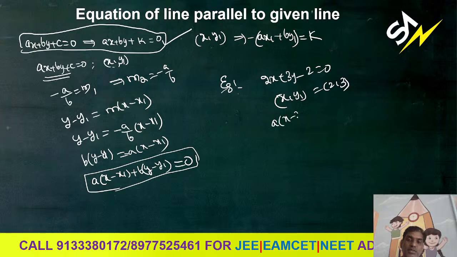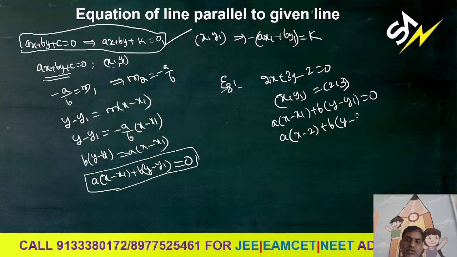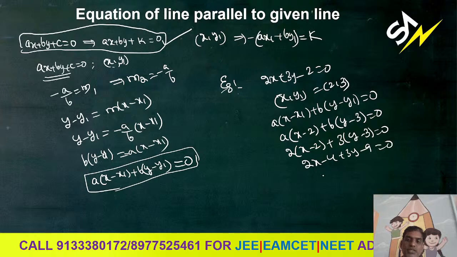The formula is a times x minus x1 plus b times y minus y1 equals 0. a value is 2, so 2 times x minus 2, plus b value is 3, 3 times y minus 3, equals 0. Simplify, what do you get? 2x minus 4 plus 3y minus 9 equals 0. So 2x plus 3y minus 13 equals 0.